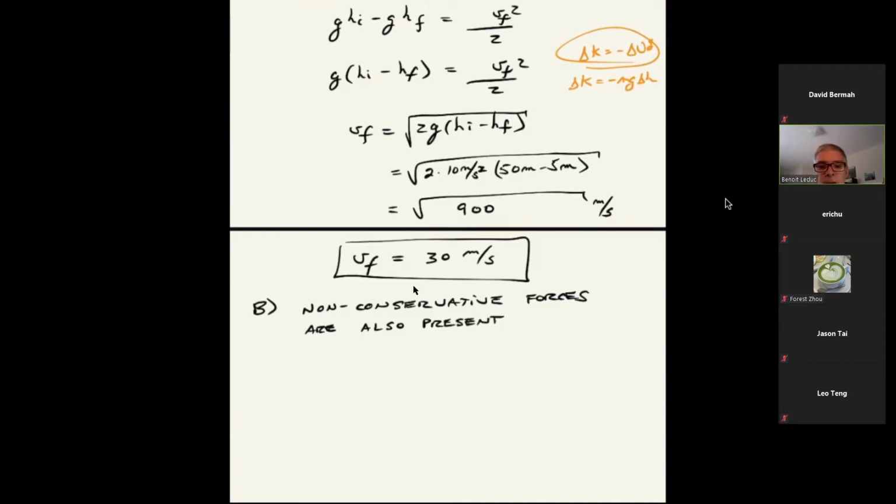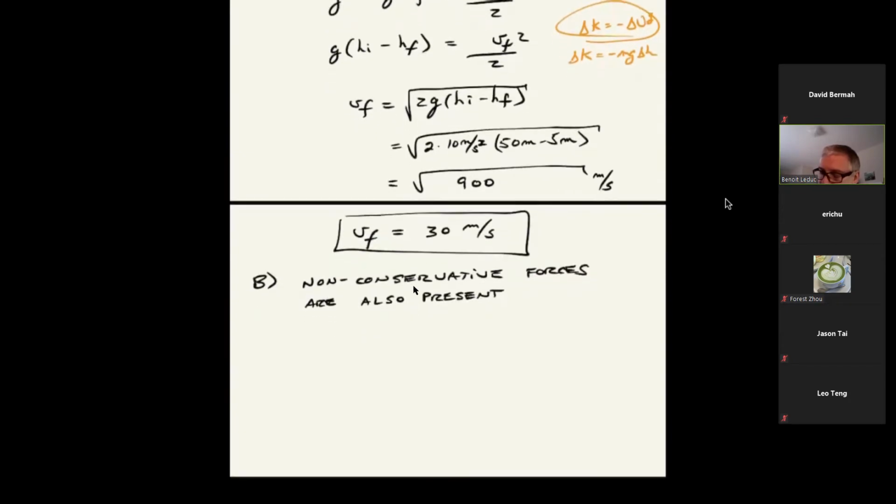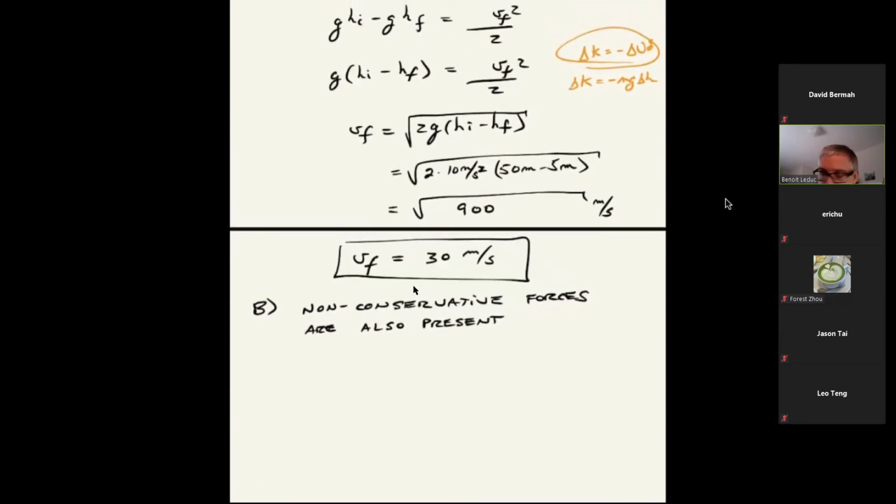Case A was only conservative forces present. Here, we're going to put non-conservative forces as well.